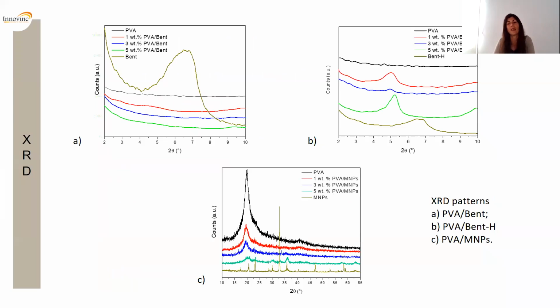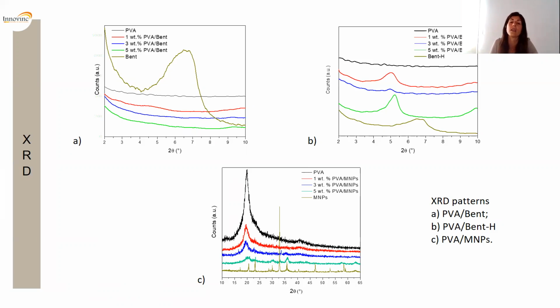Let's start with the X-ray diffraction. We can see in the first graph, the bentonite containing composite hydrogels do not have the bentonite peak. So this is an indication that we have exfoliated clays within the PVA matrix. In the case of acid-treated bentonite, we have this bentonite peak, but it is present at lower angle values.